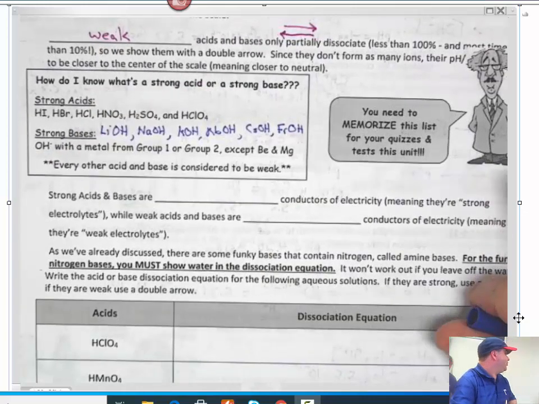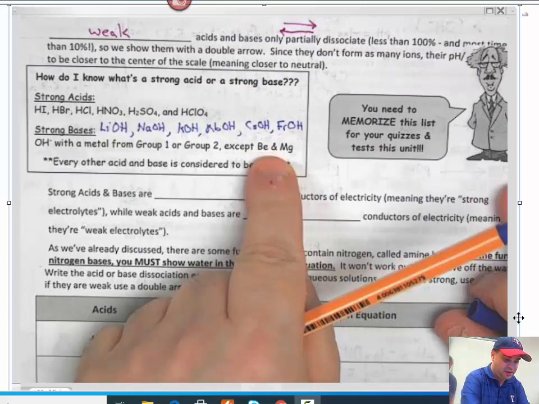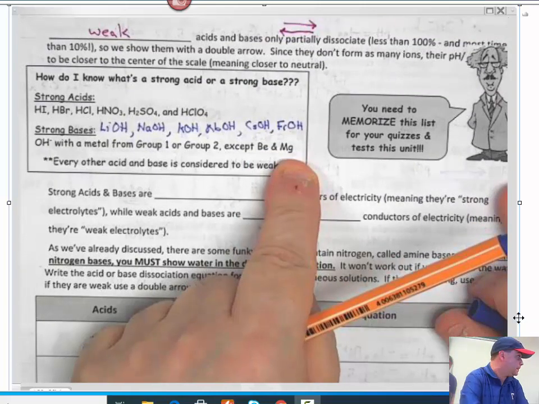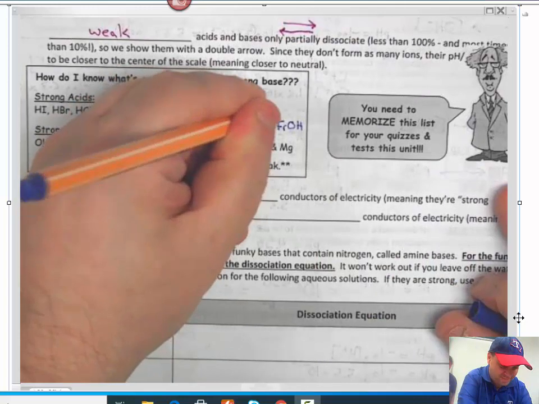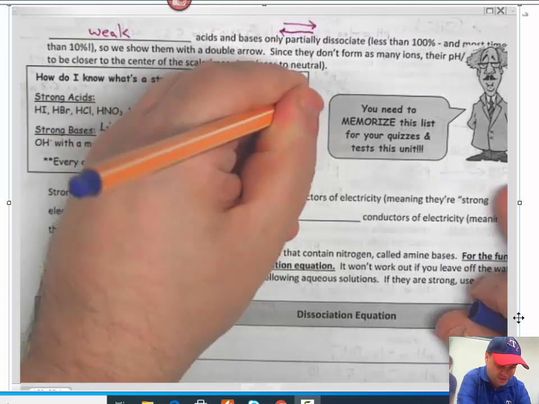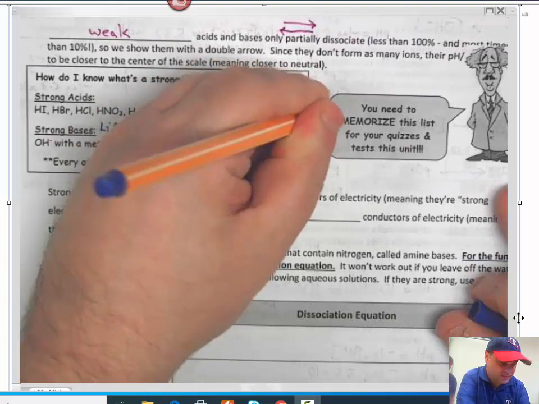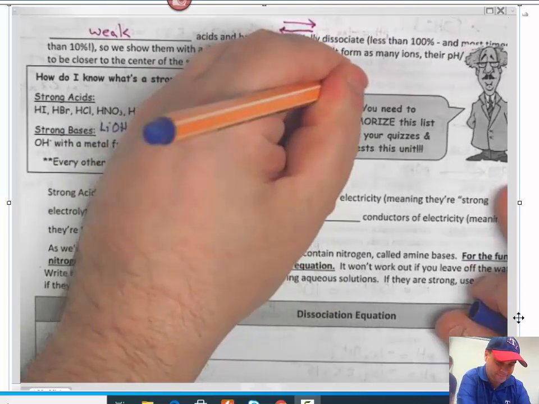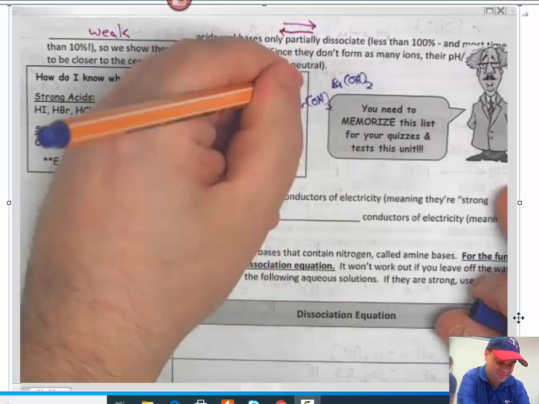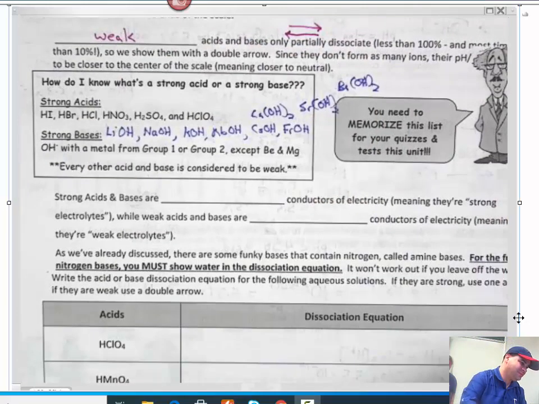Okay. And then we need some group 2 ones. We don't do Be and Mg. Those are weak. And then you're going to do some calcium hydroxides, some strontium hydroxides, some barium hydroxides, and some radium hydroxides.